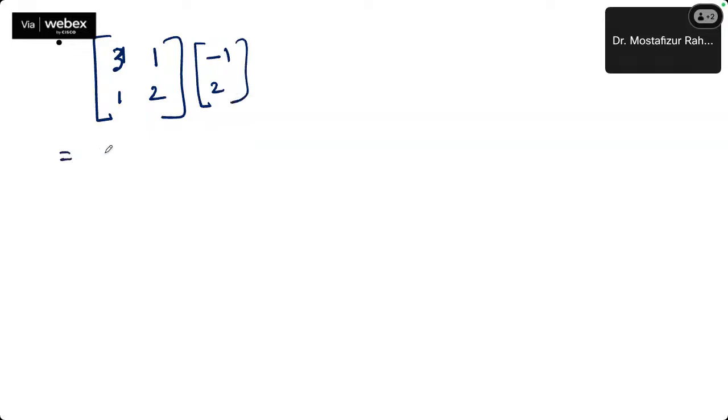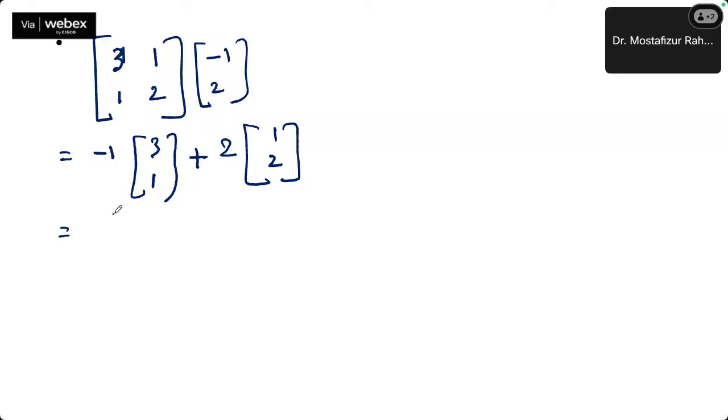So this is actually minus 1 times the vector 3 1, so stretching of the vector with the scalar minus 1, plus 2 times the vector 1 and 2. Okay, so obviously the answer will be minus 1 and 3, but let's try to understand the geometry.